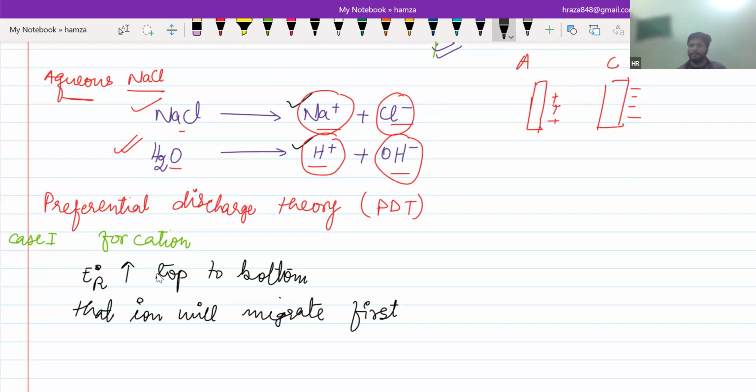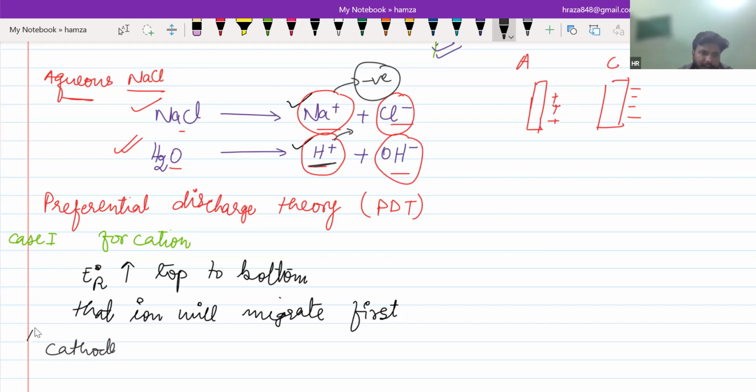Got it, Nafisa? Na+ has a negative value, H+ has zero value. So E naught R of hydrogen is greater than Na. That's why H+ will go to cathode, not Na+. Is that clear? Yes, sir.